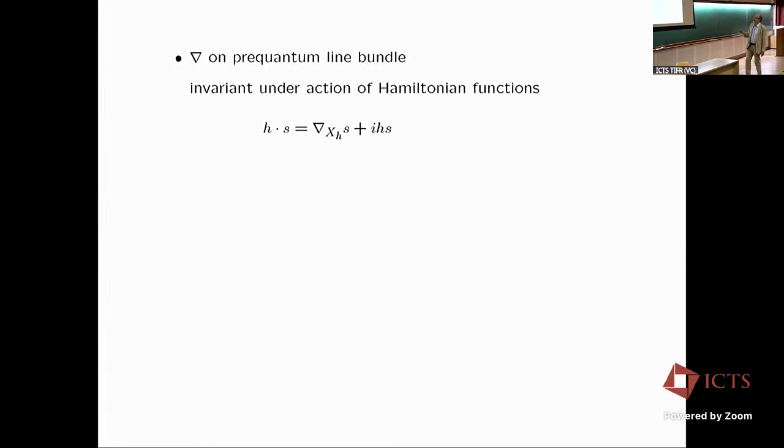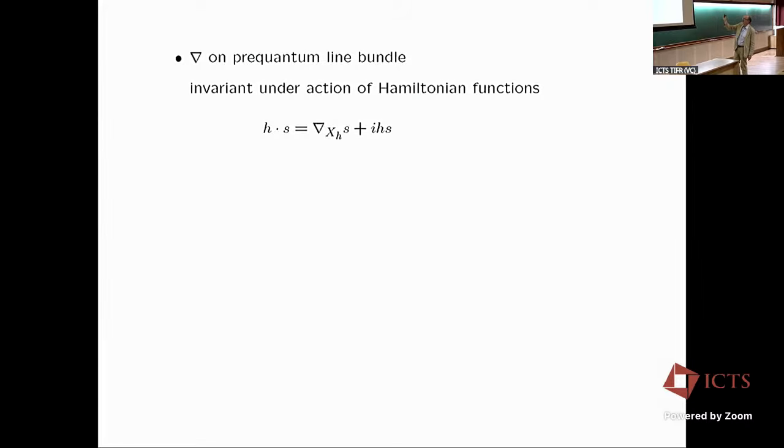But if you look at geometric quantization, at this pre-quantum line bundle, you have a symplectic form, and you regard this as the curvature of a connection on a complex line bundle, it doesn't have to be holomorphic yet. Then the point is that functions act on sections, on C infinity sections, by this formula.